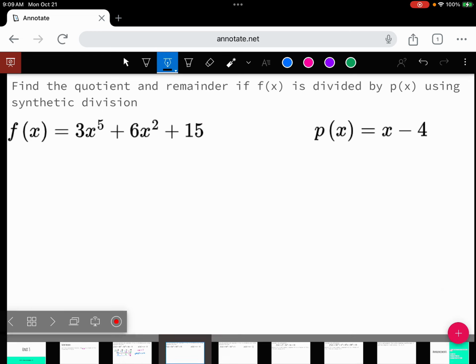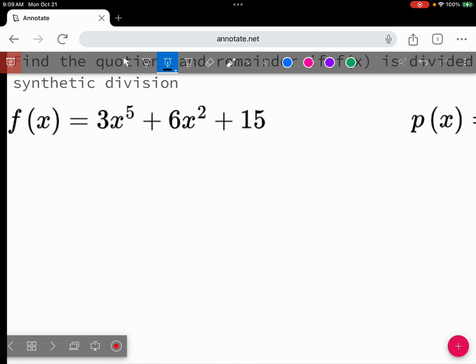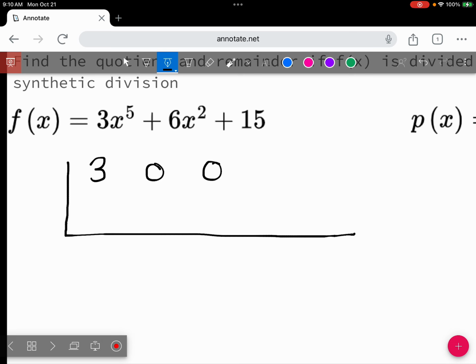So let's set up our synthetic division. What are our numbers that are going to go across the top? 3, good. 0 x to the fourths. 0 x cubes. 6x squared. 0 x's. And then 15.